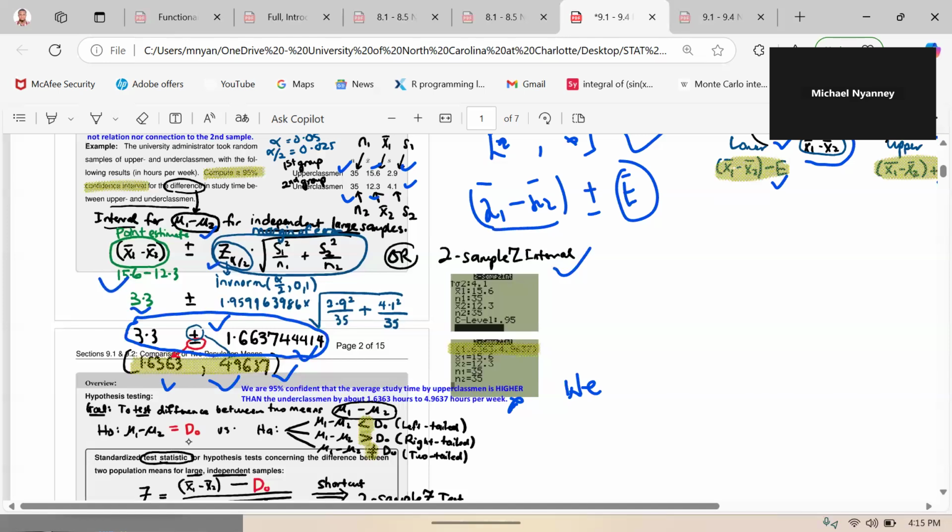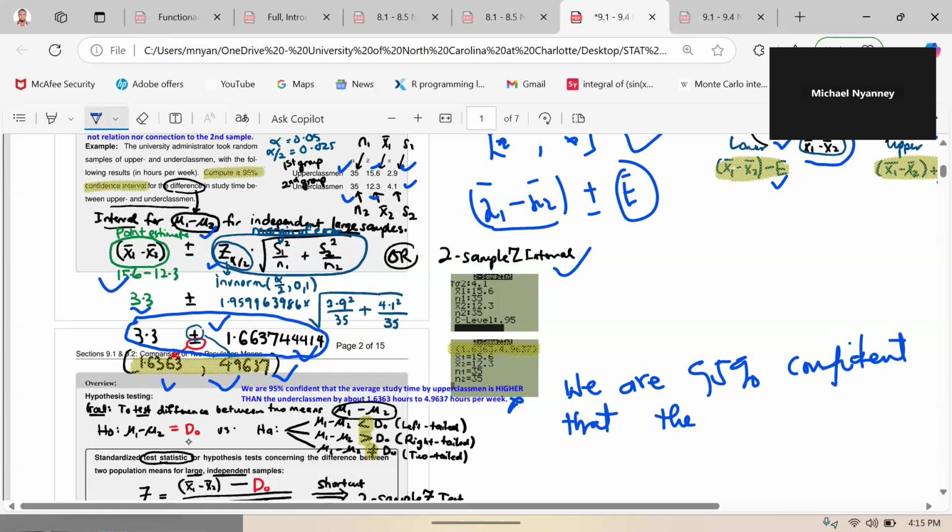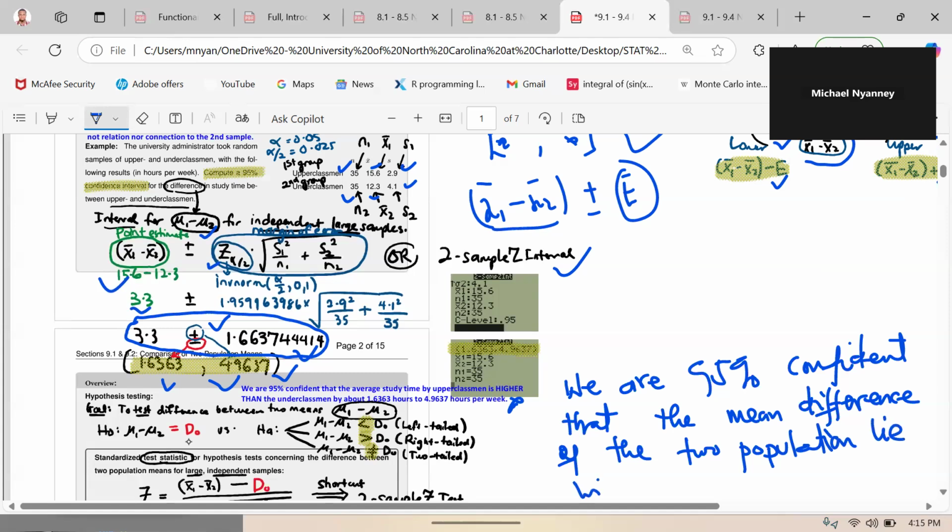So then therefore we are 95% confident that the mean difference of the two populations lie within the interval.